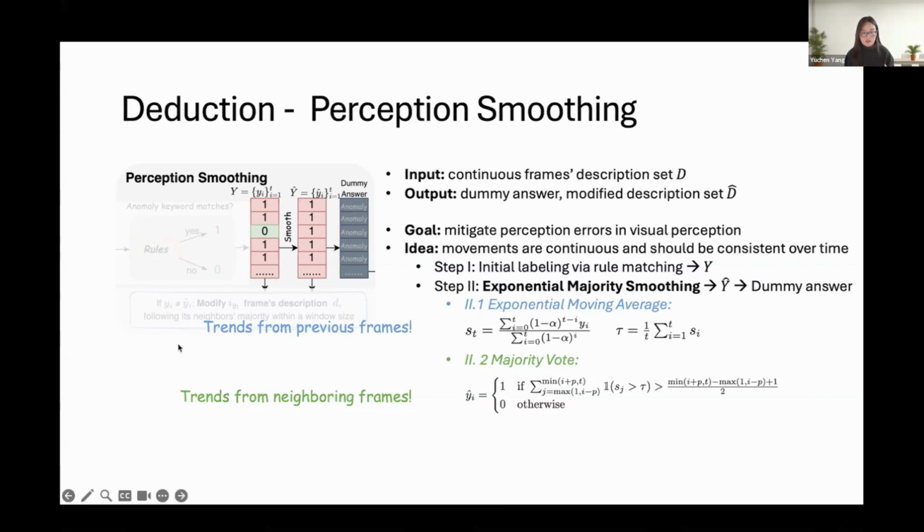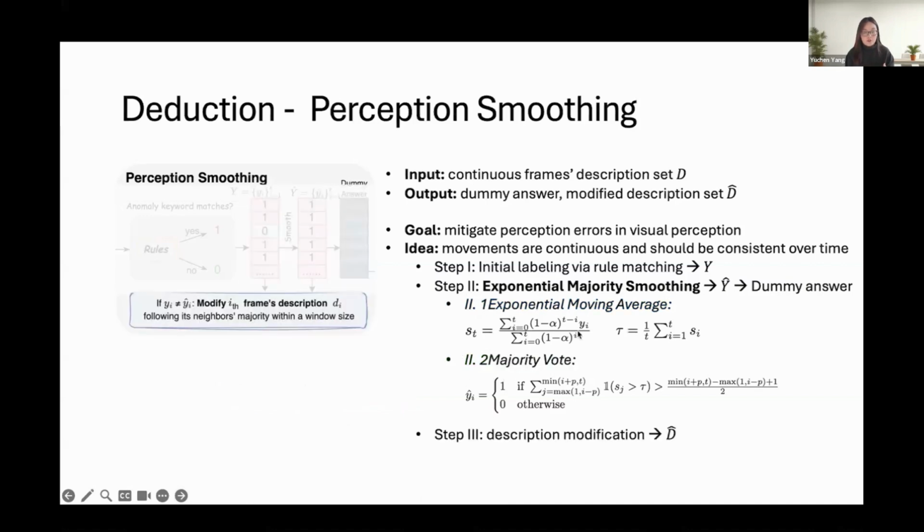This helps us consider the trends from the neighboring frames and enhance the consistency of our prediction. So the basic idea of the exponential majority smoothing is, first, align with the trends from the previous frame, and second, align with the trends from the neighboring frames.